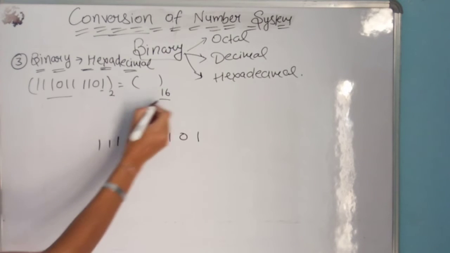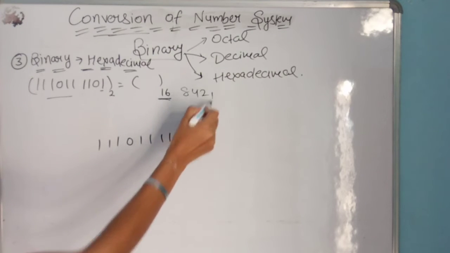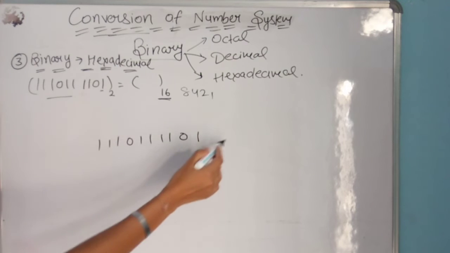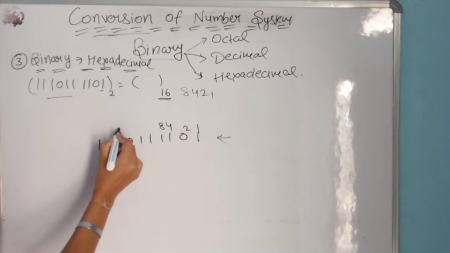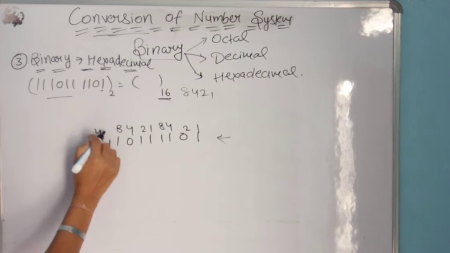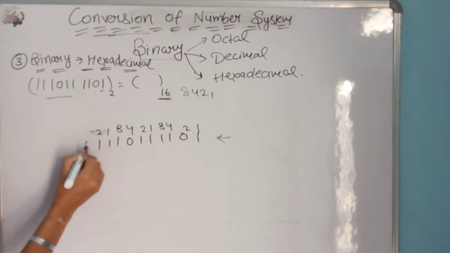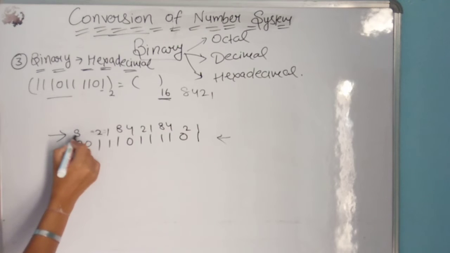For a hexadecimal number we use 4-bit code. The 4-bit code is 8421. Now 8421 is inserted in this number from its right side: 8421 and 8421 and 21, and now we complete this group by inserting 2 zeros from its left side and writing 8 4.